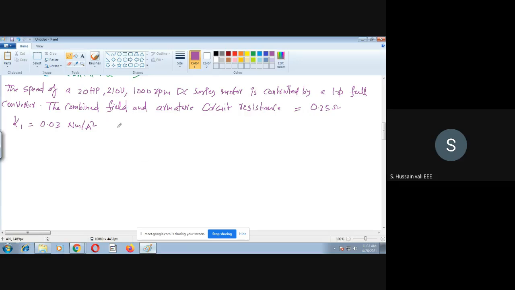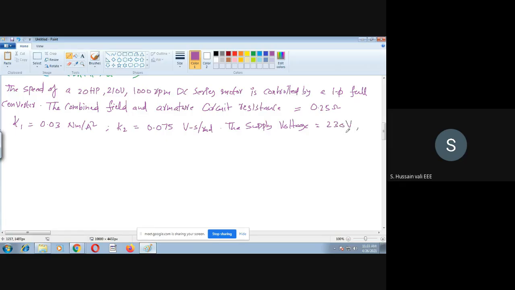Then K2 he has given as 0.075 volt second per radian. And then what we need to understand here is that the supply voltage is 230 volts.